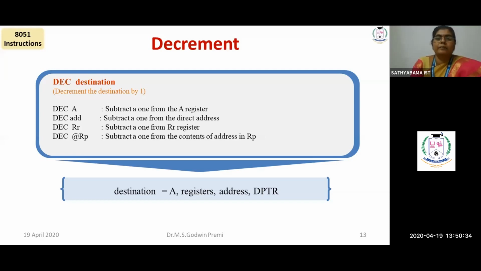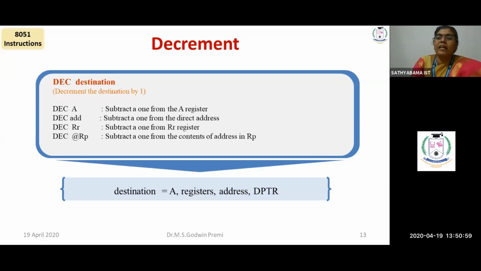Let us see. Here you see, DEC A means subtract 1 from the A register. DEC address means subtract 1 from the direct memory address. So DPTR has internal memory addresses. So directly you can write here the address of the DPL or DPH, whichever we want to decrement.